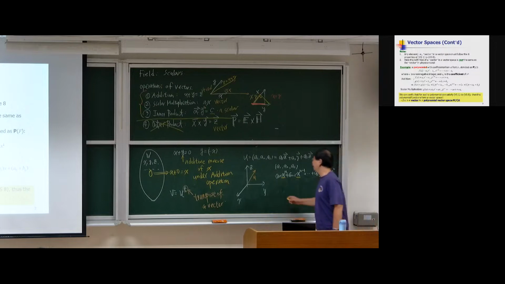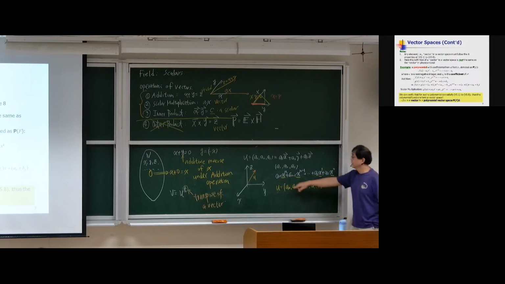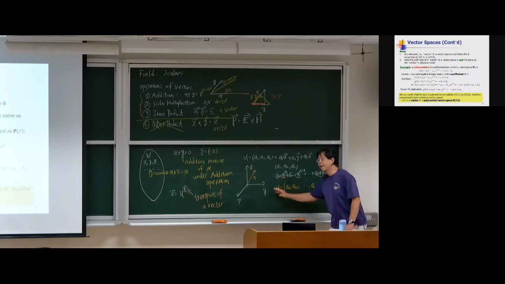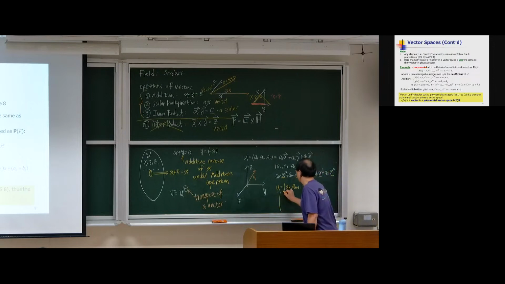Then we just take the coefficients a_n, a_(n-1), down to a_1 and a_0 out of this polynomial, and they form an (n+1)-tuple row vector, or an (n+1)-tuple column vector.